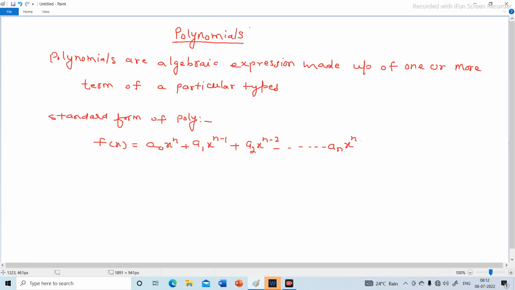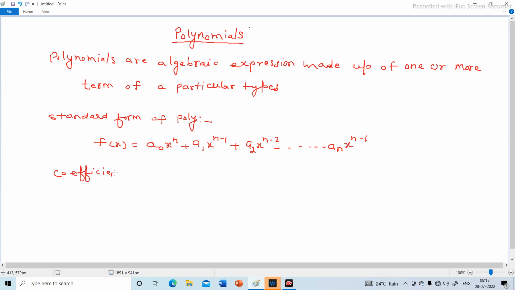So here you can see first a0 x^n, then a1 x^(n-1), and then a2 x^(n-2) up to an.